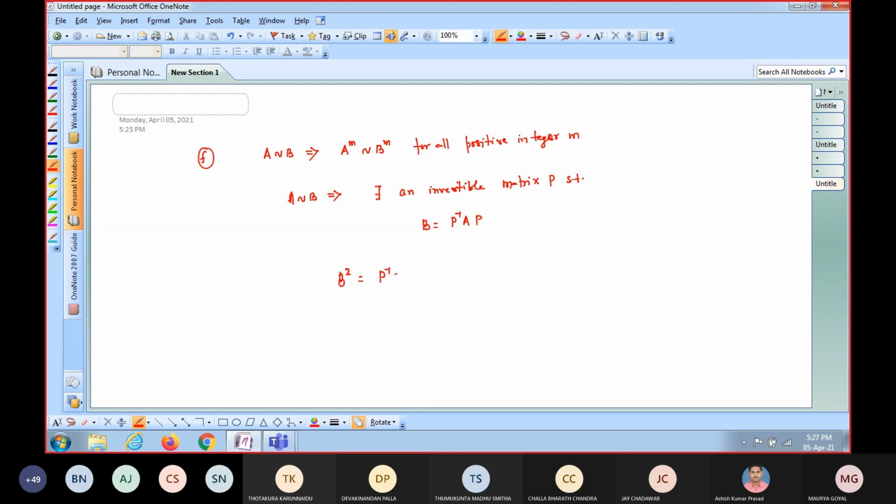It is P inverse AP into P inverse AP. So, you can see in the middle, P and P inverse are getting cancelled. It is equal to I, and so A into A is A square. So, it is P inverse A square P. So, what does this show? This shows that A square is similar to B square.